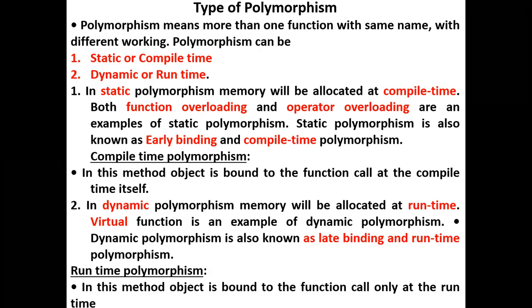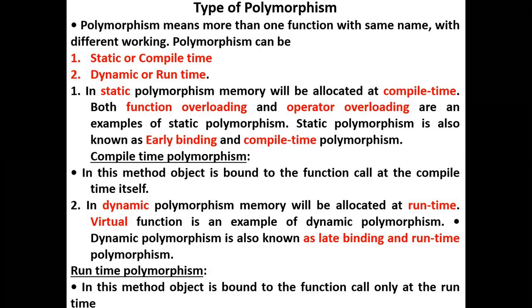And when we do binding at compile time, we can also call it early binding. Means we can say compile time polymorphism, as well as static, or early binding polymorphism. Compile time polymorphism means when the method and object are bound at the time of compilation.